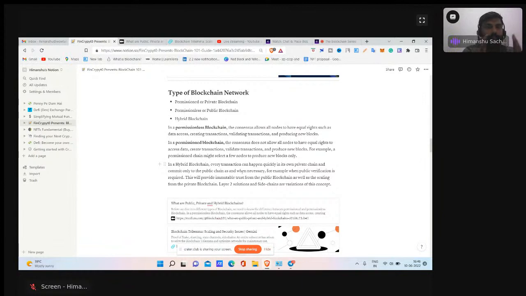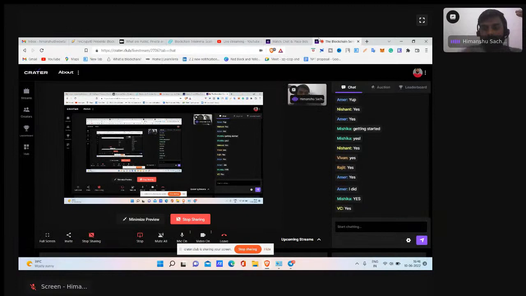So this will solve the problem of building two different databases. It will only require one database. You don't need two different chains to share the data. You can use only one chain, and that can help you build two different ecosystems, one for public, one for private. That is what hybrid blockchain is all about.